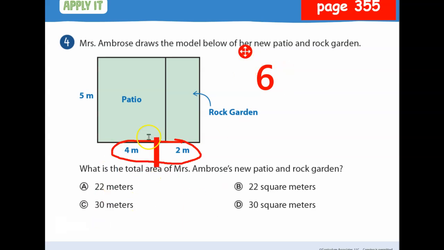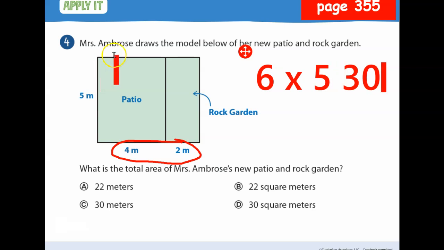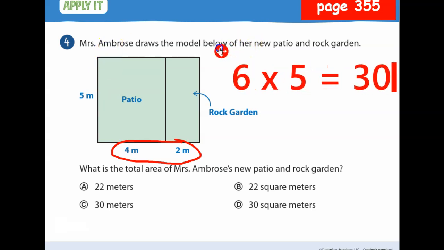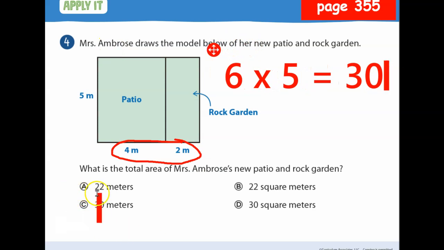So the length for the whole section at the bottom is 6, while the width is 5. So I need to multiply that. What's 6 times 5? 30. Okay, so the answer would be C.